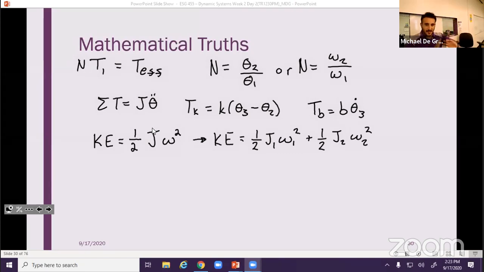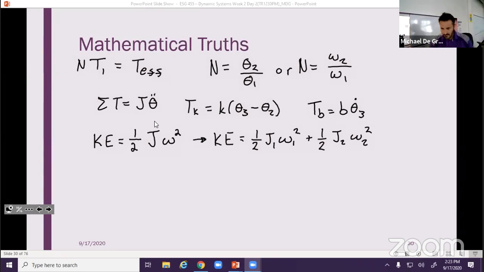We're actually not going to solve this for kinetic energy. We are going to use this format to figure out what J is. Okay, what Jeff is. All right, so this is great, but I have everything in terms of omega 1 and omega 2.